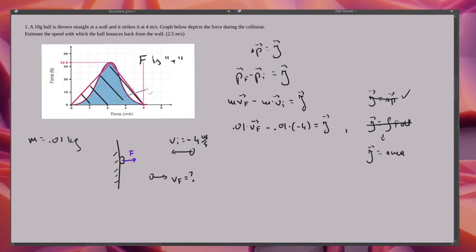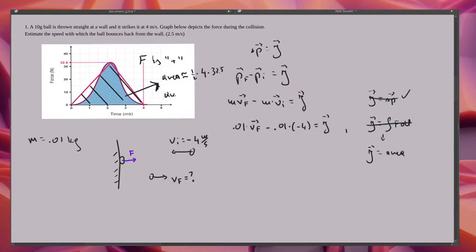And so I can just write here that the area, roughly speaking, is 1/2 times base times height, because I'm looking at a triangle. The base here is 4 seconds times 4, and the height here is 32.5.